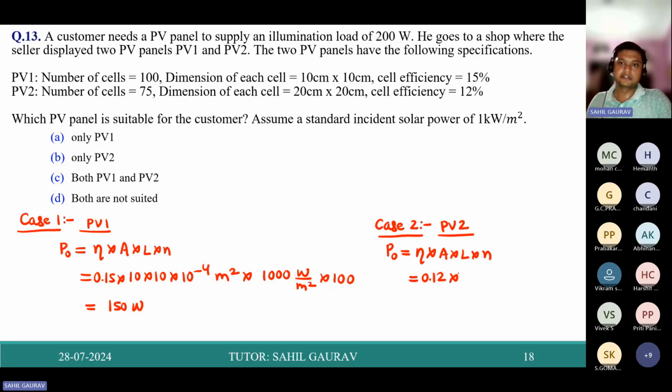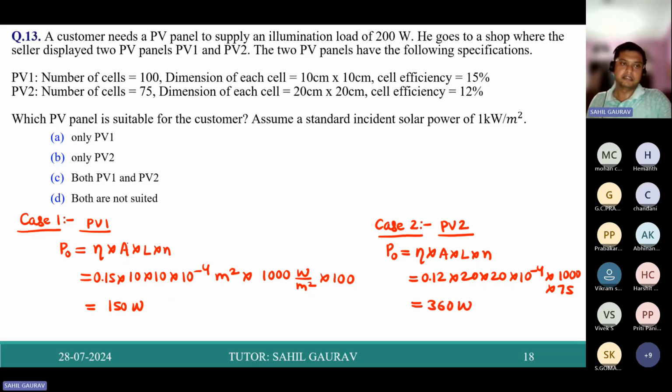Area is 20 centimeter into 20 centimeter, so it will be 10 to the power minus 4 meter square, and L is 1000, and it should be multiplied by the number of cells, which is 75. Therefore, it will be coming as 360 watt.